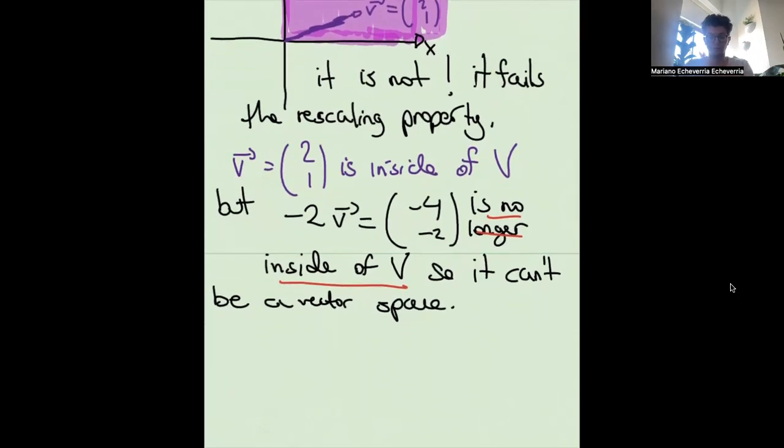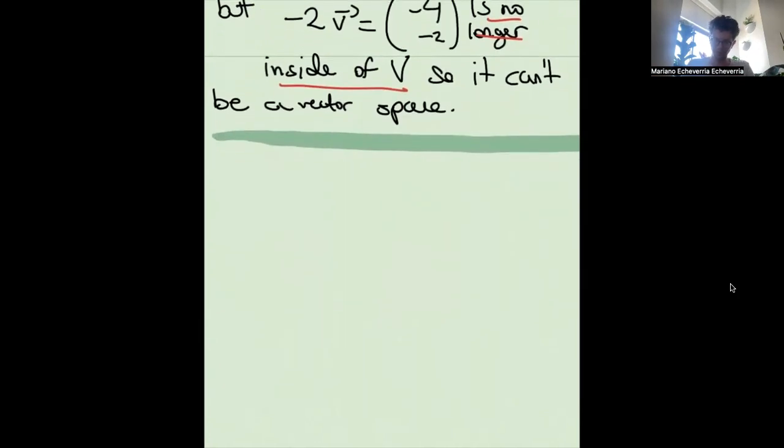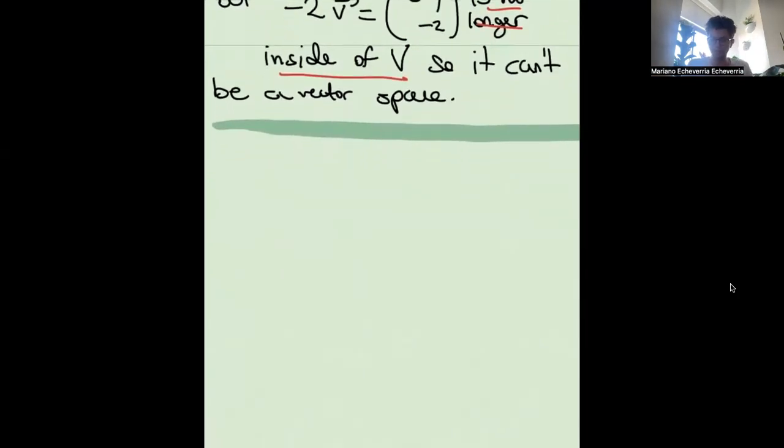So let me explain what I mean by that. What makes vector spaces useful is that they can be applied to things which you would not ordinarily think of as vectors.